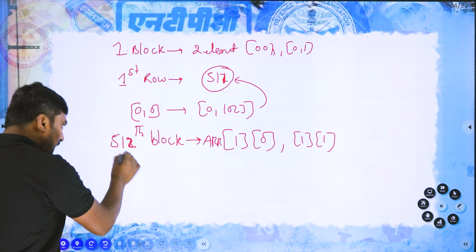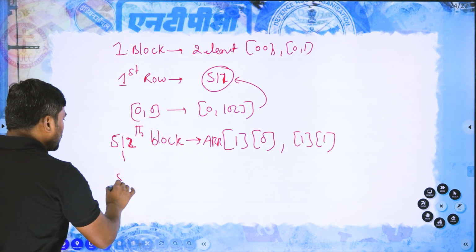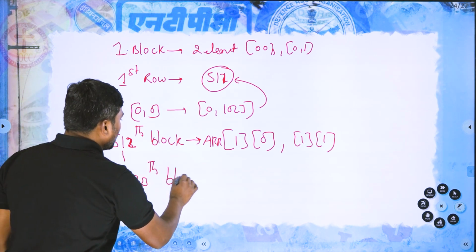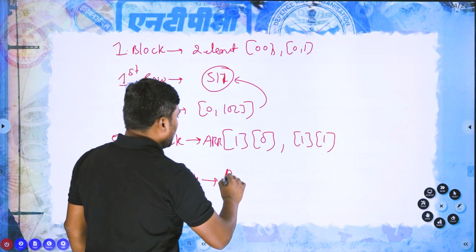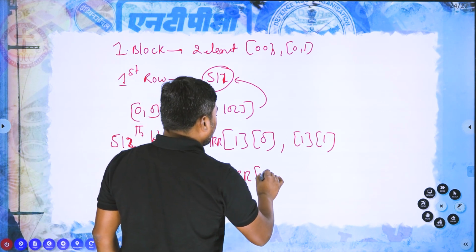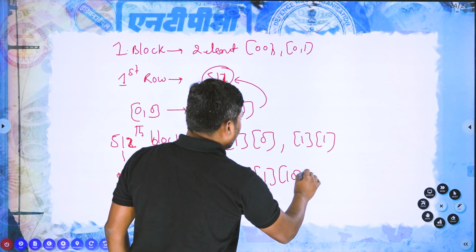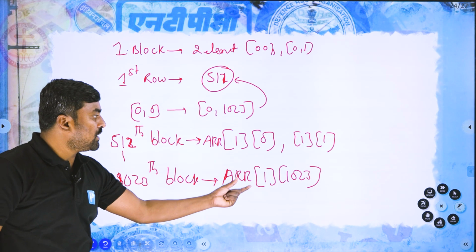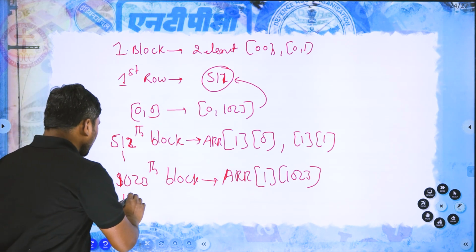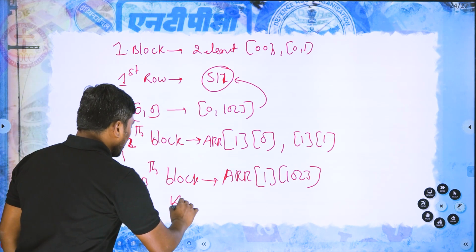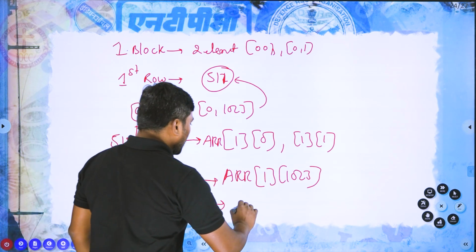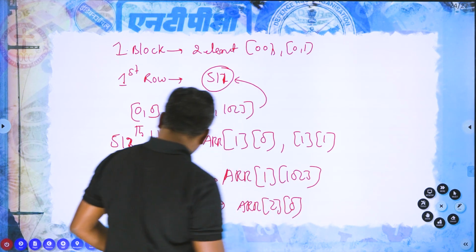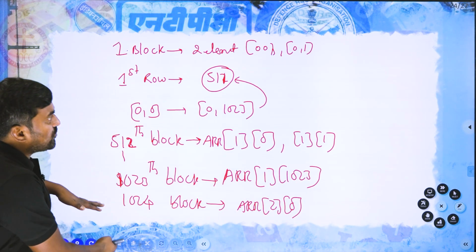Getting my point? Next. If I go similarly and write block 1023, it has what array element? ARR of 1 of 1023. Do you agree? Last element of the second row. So the 1024th block contains ARR of 2 of 0. Getting my point? Because how many sets are there?